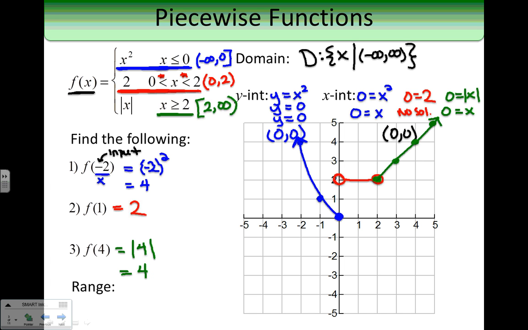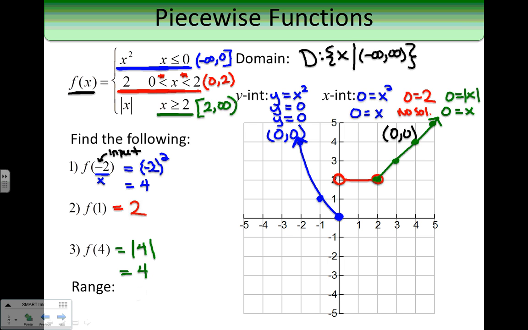So now that we have our graph, let's try and figure out what the range of this function would be. So what would be the y values? If you look at the lowest y value that you have on your graph, that's at 0. And on both sides, it continues on to infinity. So we can say that our range goes from 0 to infinity.